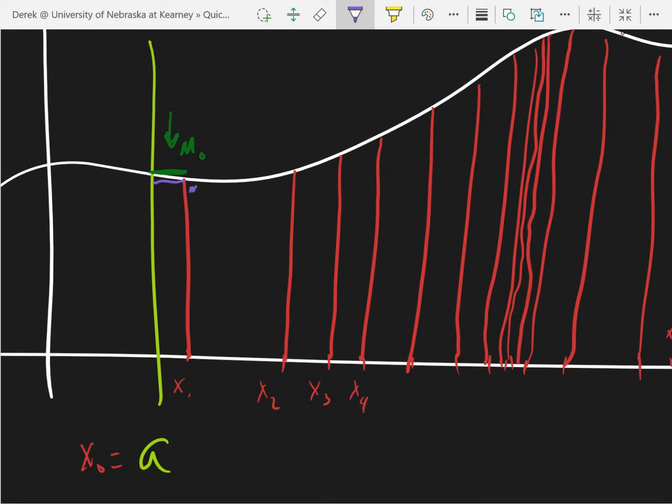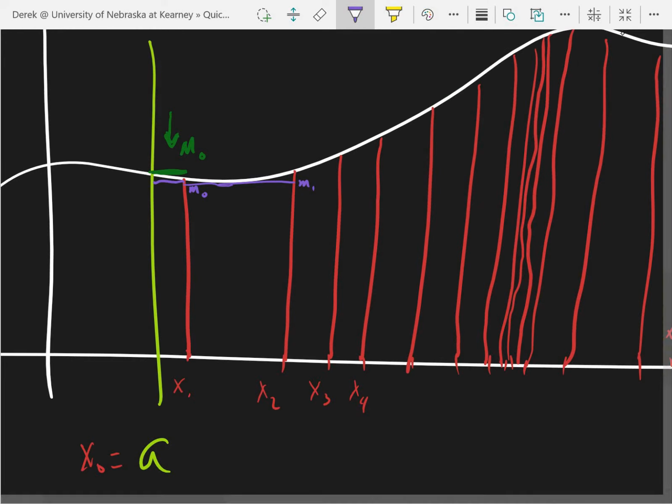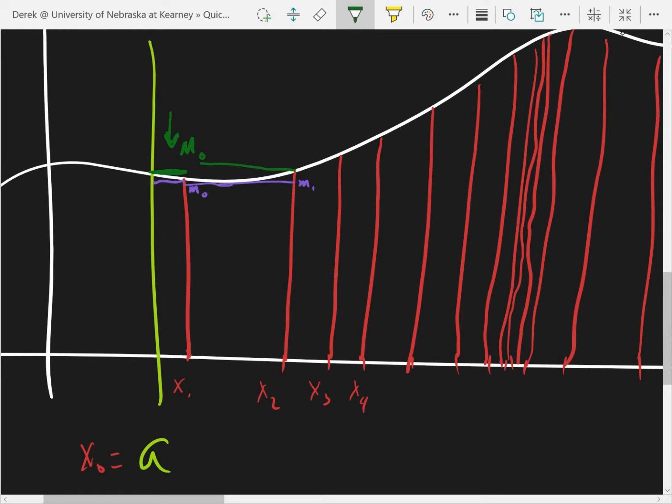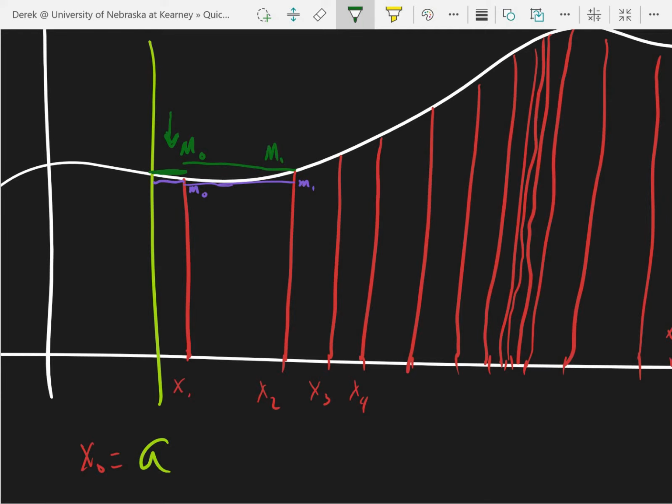That's going to be little m0, and that gives me two different rectangles. It gives me a bigger rectangle than the area and a smaller rectangle than the area, and they're going to give us a way to calculate the upper area and the lower area. And we do that again for this interval. There's the lower one, that's at m1, and there's an upper one, and that looks like it's here, at capital M1, and so on.